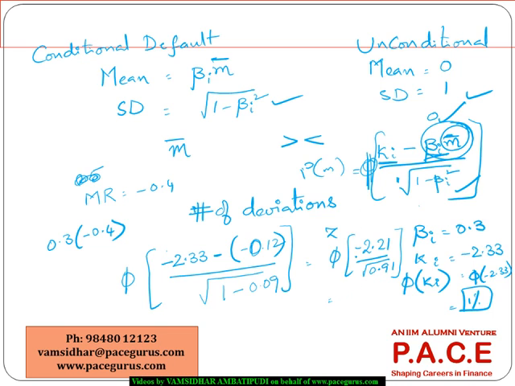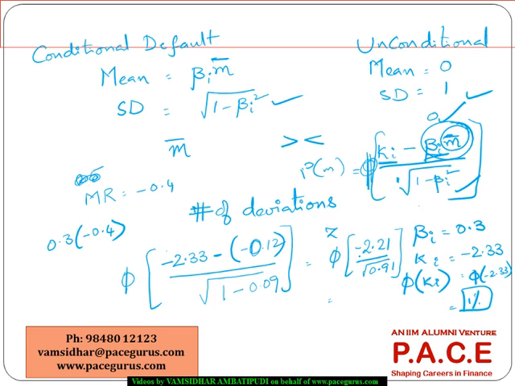So whatever this conditional probability of default is, I can get through this phi of minus 2.21 divided by square root of 0.91, which will give me the conditional probability of default. So this is how we change from an unconditional probability of default to a conditional probability of default.